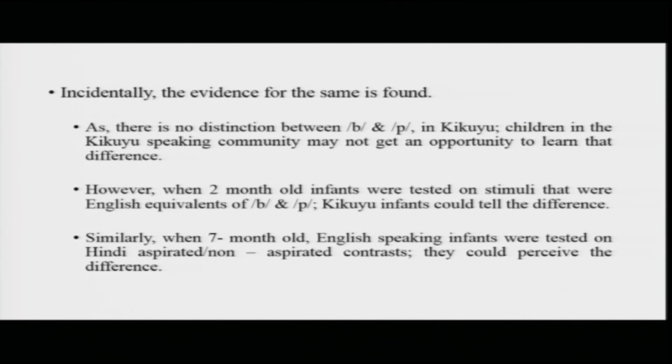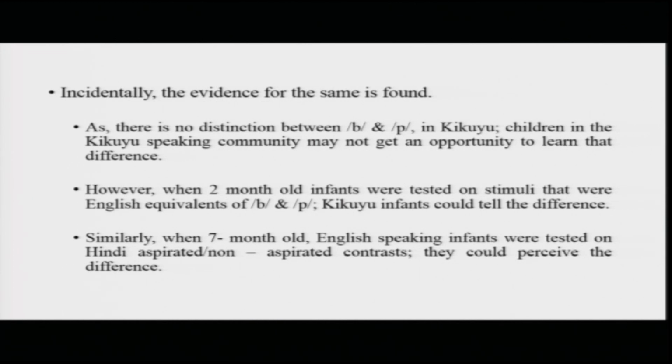But if you test Kikuyu children, you would probably believe that they shouldn't be able to distinguish because this is not in their language, and in the environment they are raised, they are not exposed to the distinction between ba and pa. So, typically they should not be able to do it.